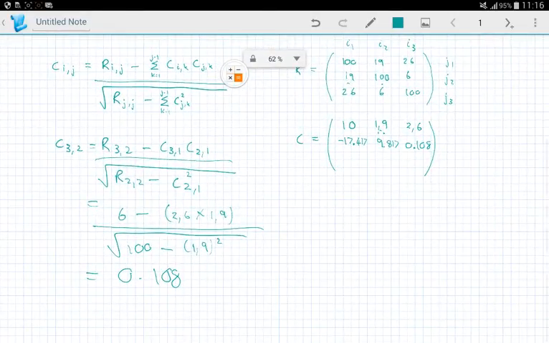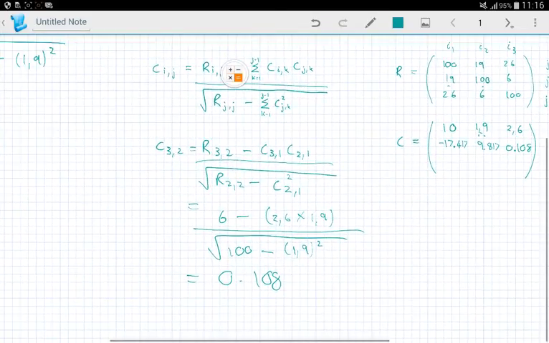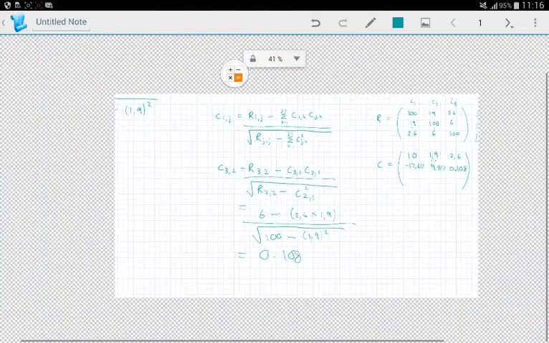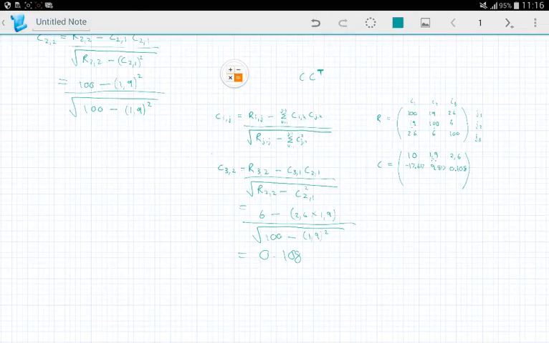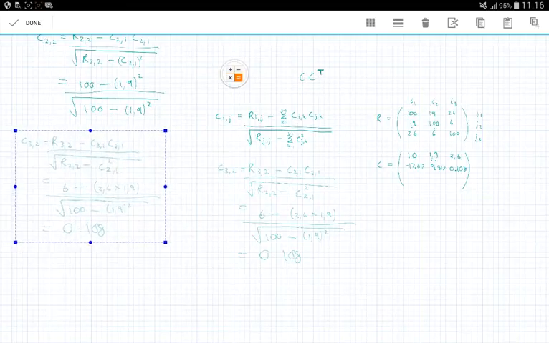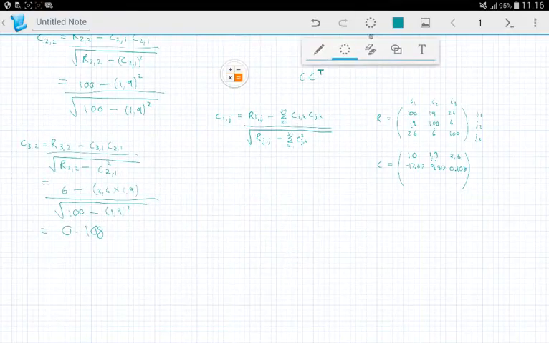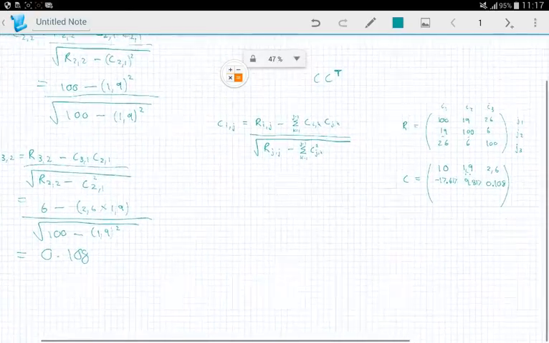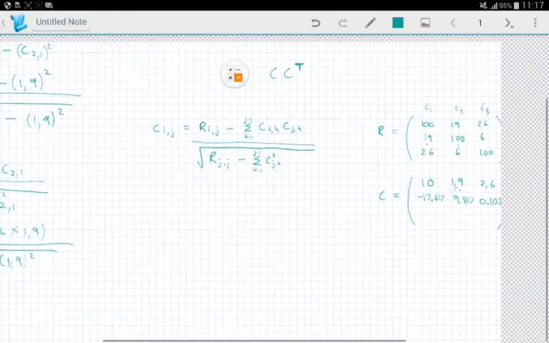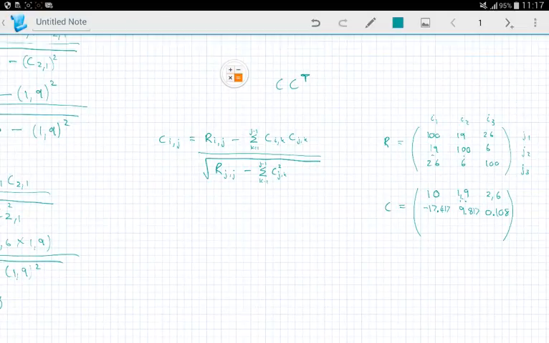Okay, so we've got one last thing to do. Let's move this guy over here. Get this back in. And now what we're going to be doing is C1,3. Oh my gosh. This is turning out to be quite long. C1,3.